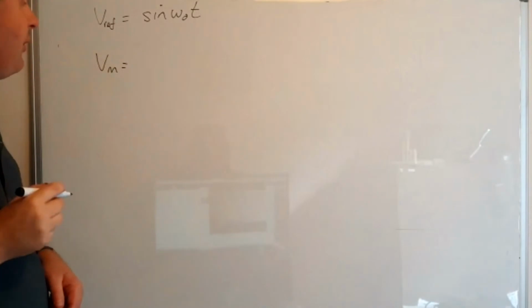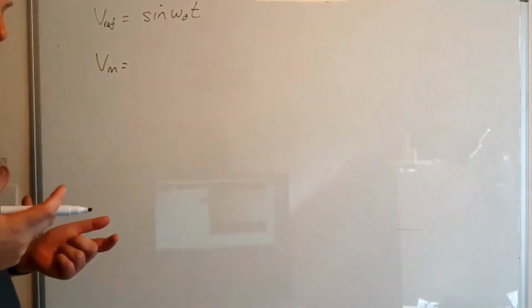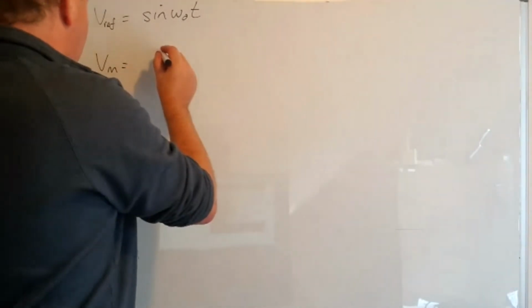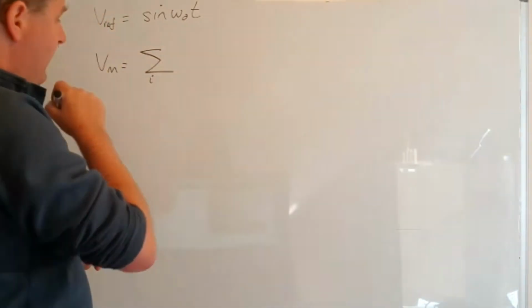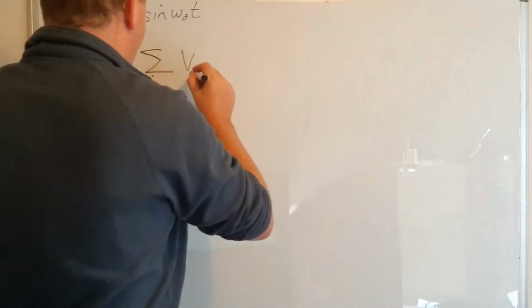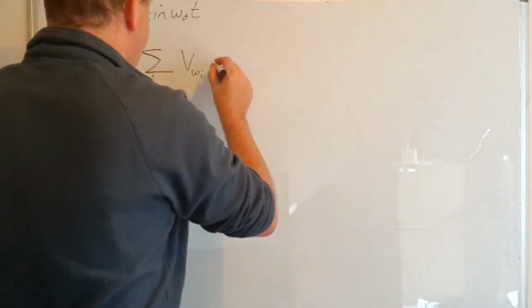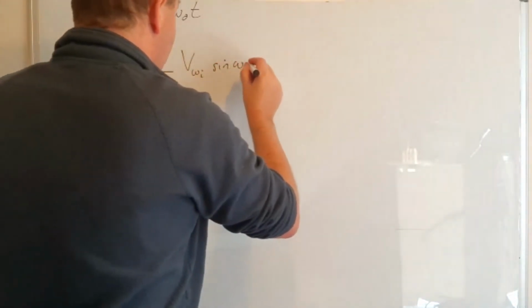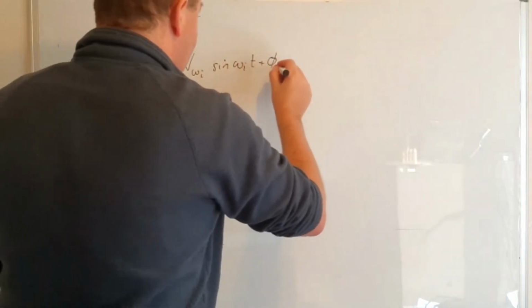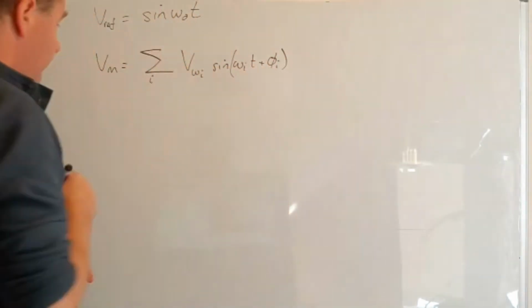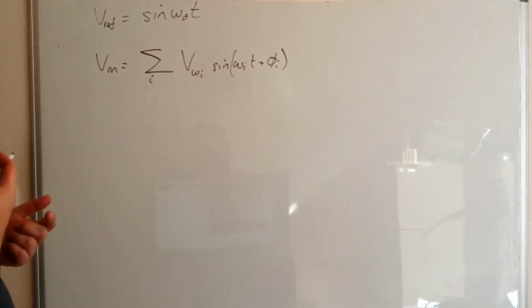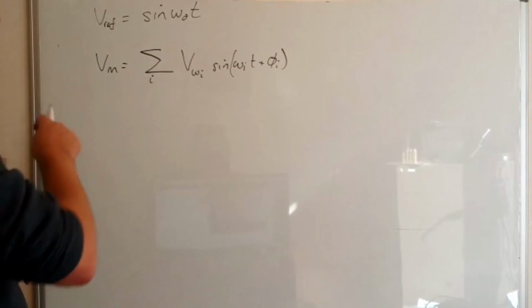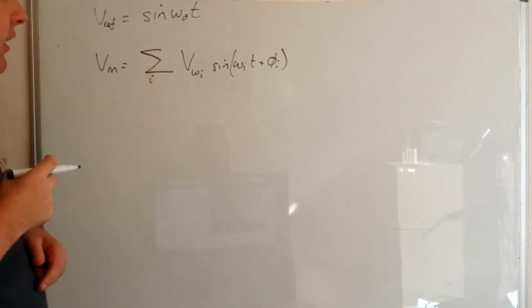In order to represent the measurement, I'm going to take it like a Fourier series, so it's just going to become a sum over different frequencies of V omega i sine omega i t plus some phase angle. So we're going to follow what we did in the graphical explanation. We're going to multiply the signal we're measuring by our reference signal.